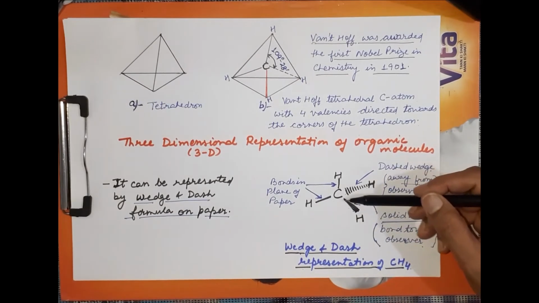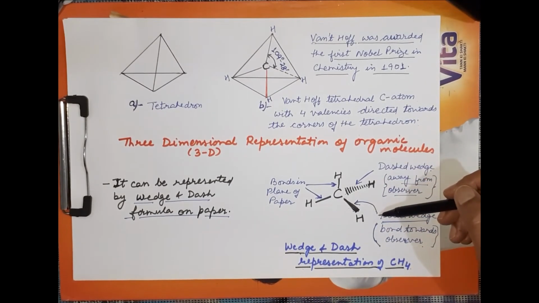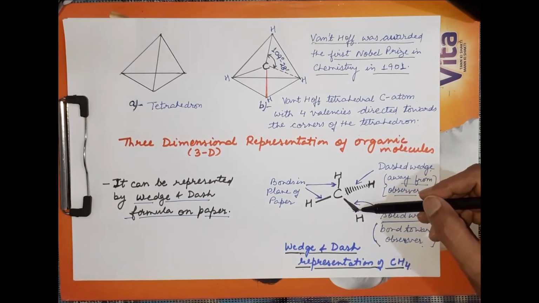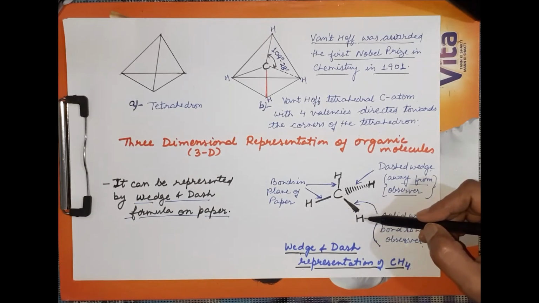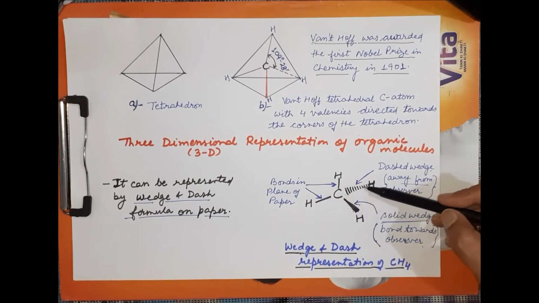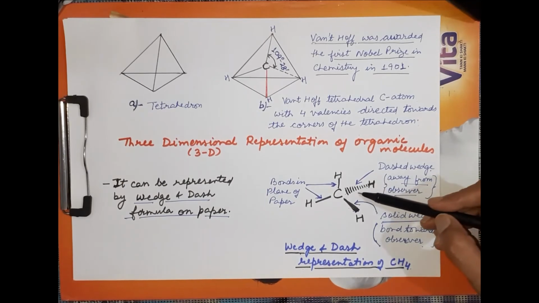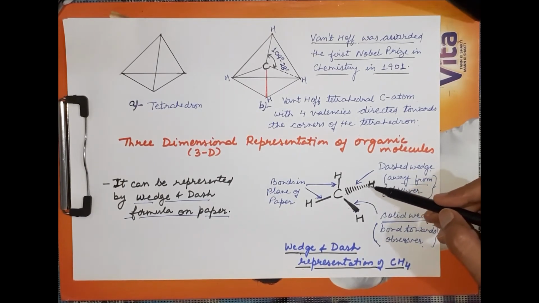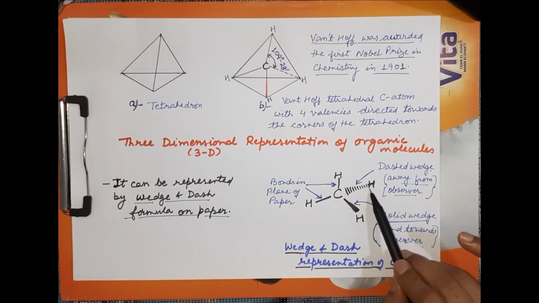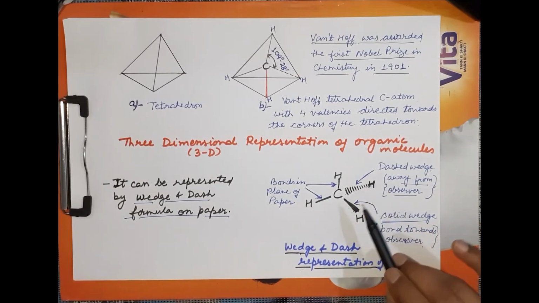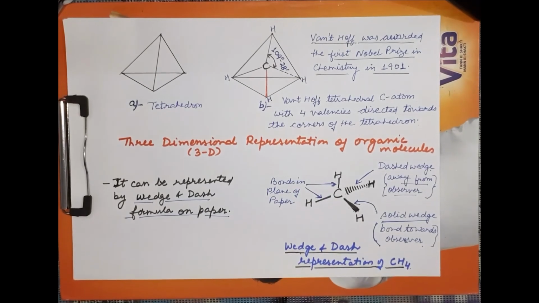It means that this C-H bond, which is a solid wedge, is lying above the plane of paper and projecting towards the observer. And this is the dashed wedge, which is used to represent a bond lying below the plane of paper, which means this dashed wedge is projecting away from the observer.